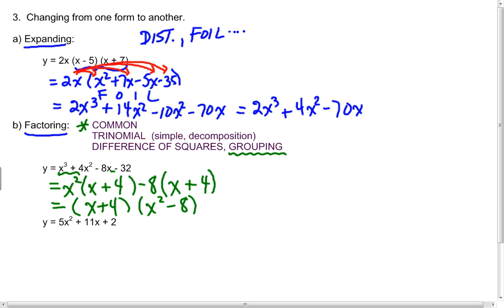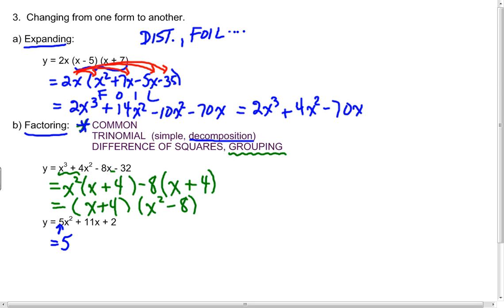The second one, y equals 5x squared plus 11x plus 2. My thought process is look for a greatest common factor first. Secondly, is it a trinomial? Yes, it is. There are three terms there. If it's a simple trinomial, I would have a 1 at the front. It's not. It is a more difficult trinomial. We need to use decomposition.